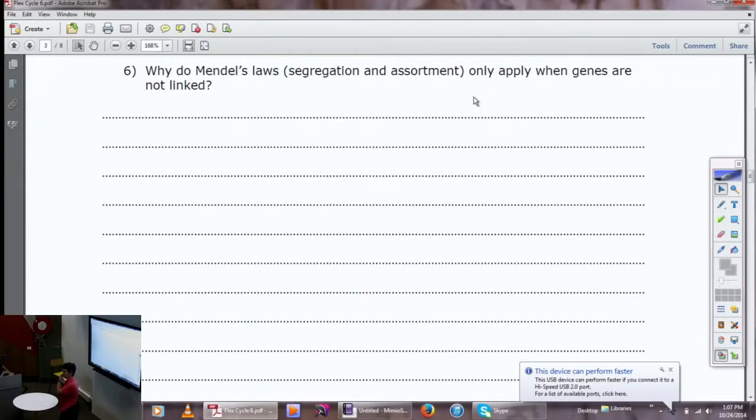The second law, the law of assortment, only applies when things are either independent on separate chromosomes or behave as though they're independent. Behaving as though they're independent is crossing over. If they behave as though they're dependent, they're linked, they stick together, they like to stay together.